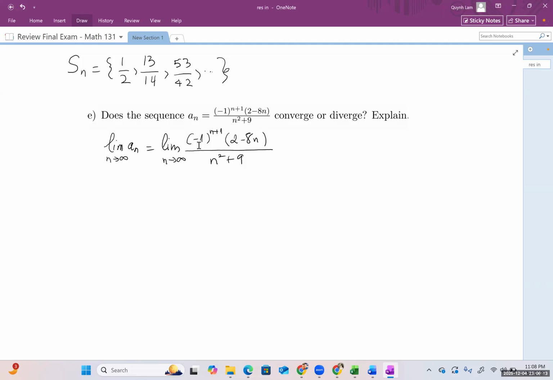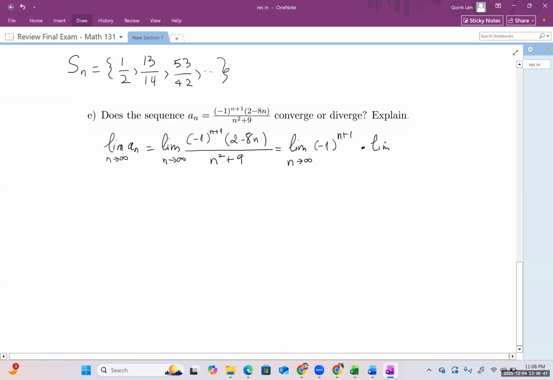When I can find that the limit equals zero, then the limit of a_n without the absolute value is still going to be zero. The reason is you can leave the (-1)^(n+1) as another limit, multiplied with the limit of (2 minus n) over (n squared plus 9).